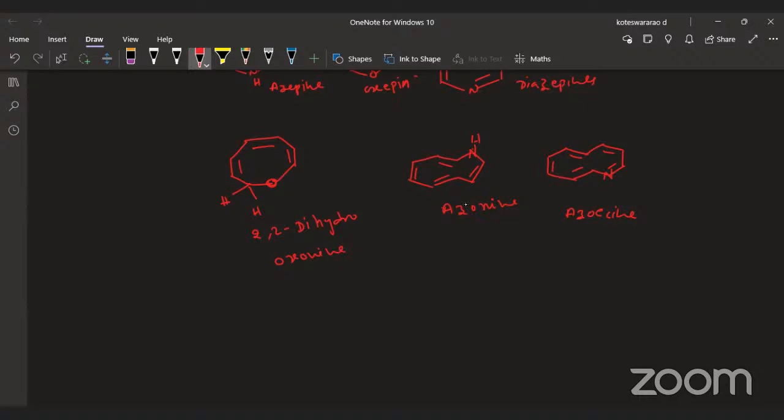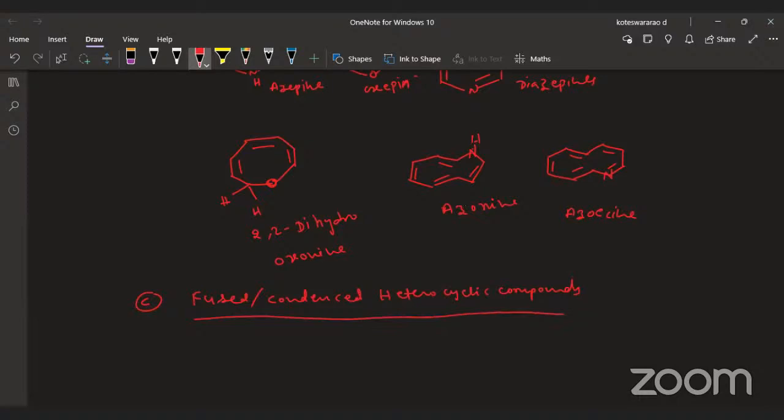The next type of heterocyclic compound is condensed heterocyclic or fused heterocyclic compound.